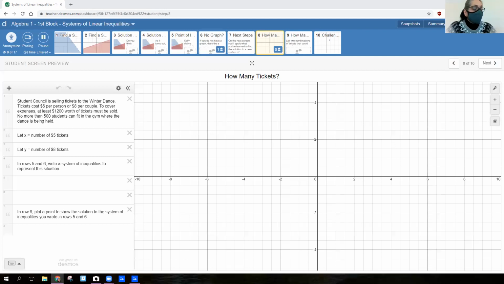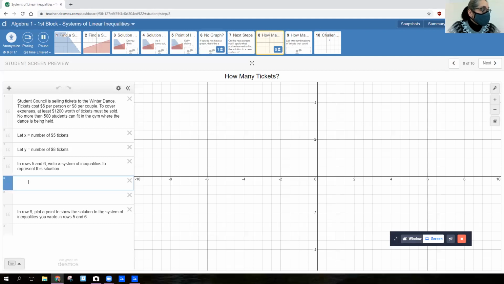So X is the number of $5 tickets. Y is the number of $8 tickets. So in rows 5 and 6, we're going to write a system of inequalities. There's only 2 different types of tickets that you can buy for this dance. You're either going as an individual or you're going as a couple.